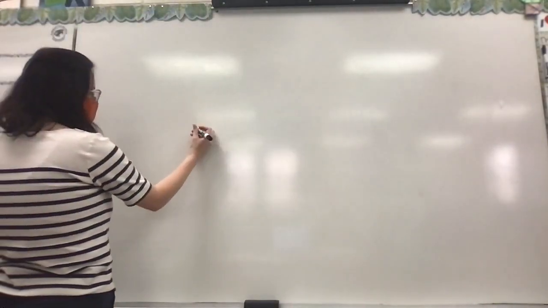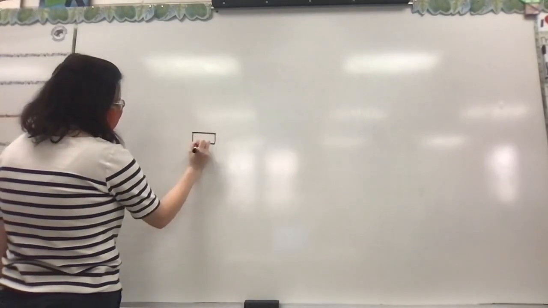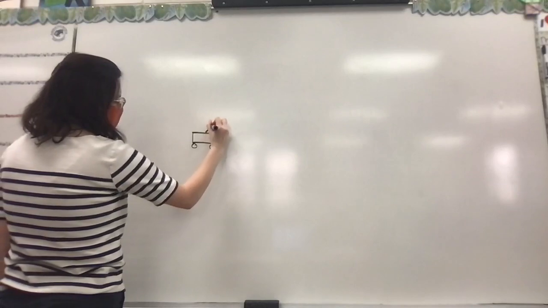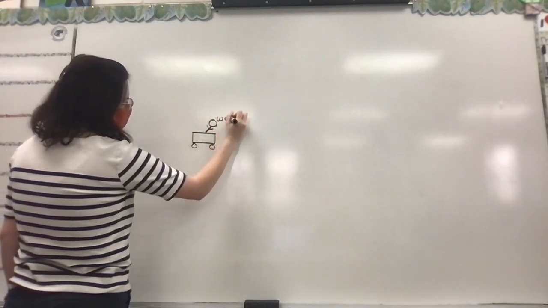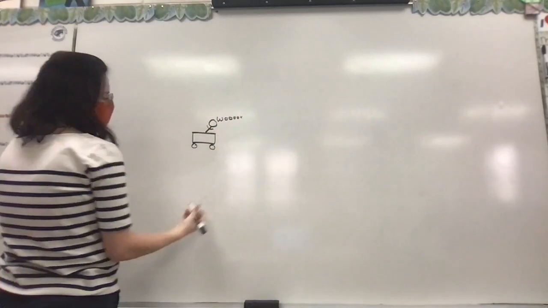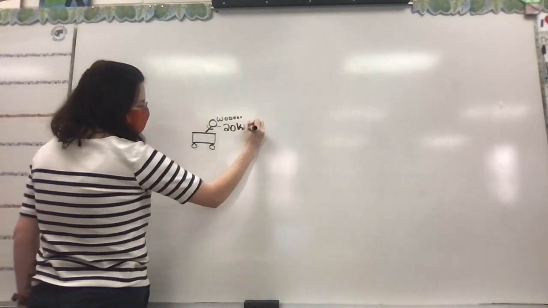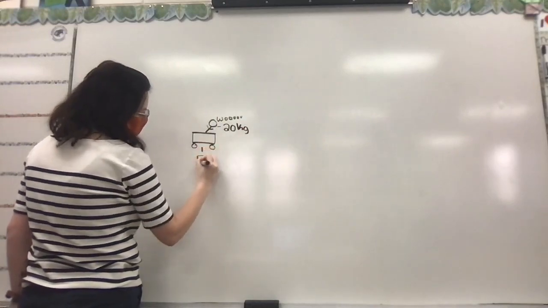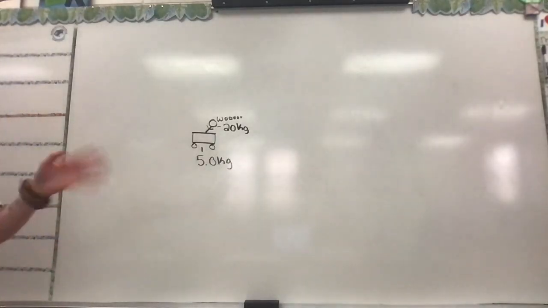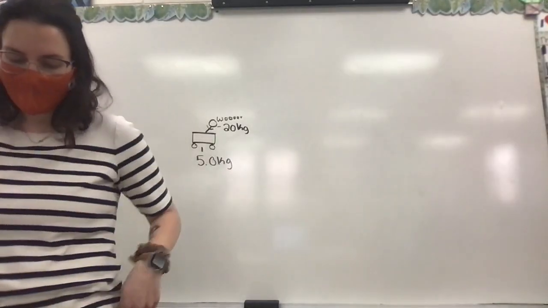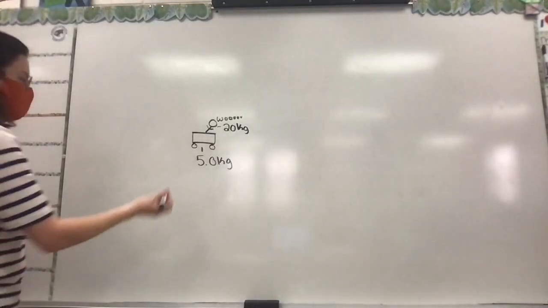We've got a kid who is sitting in a cart. His hands are up. He's having fun. He's gonna fly out. He is 20 kilograms, and the cart is 5.0 kilograms. All right, so this is the info we have so far. To which a 2-meter-long rope is attached.